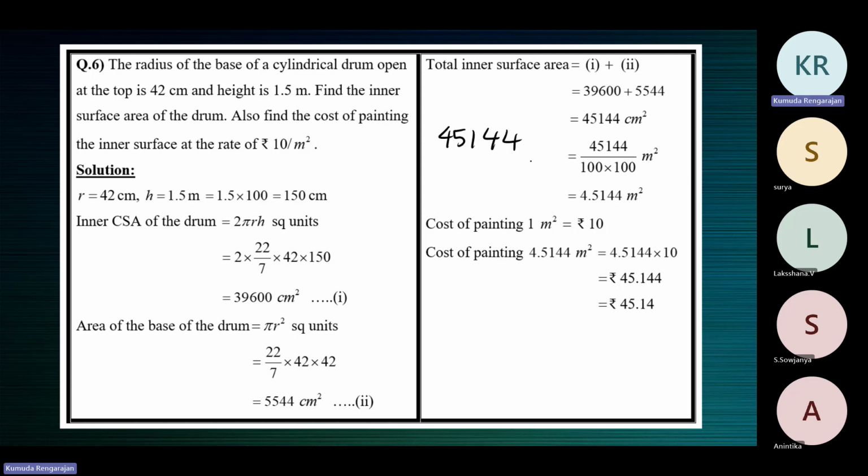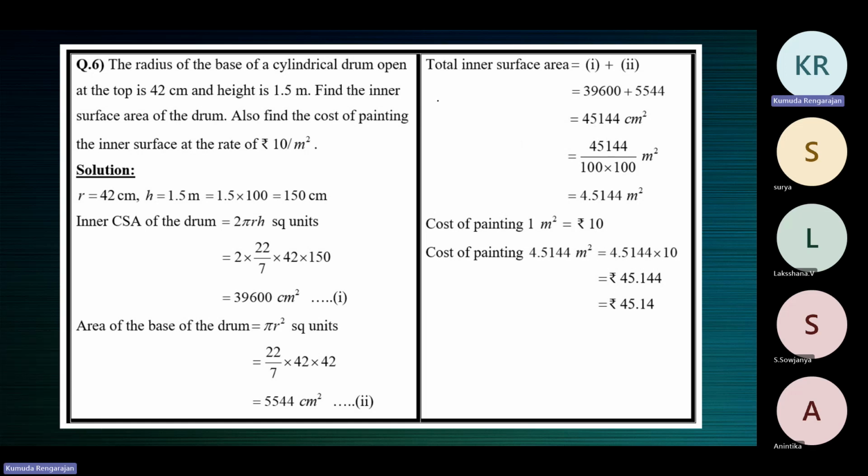45144 centimeter square. To convert centimeter square to meter square, divide by 100 two times, meaning add 2 more zeros, because 100 has 2 zeros.